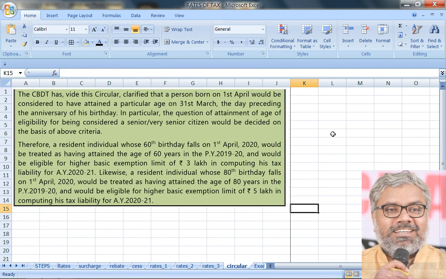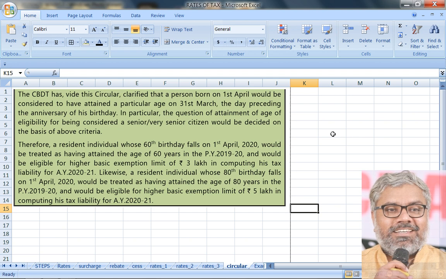So there are some people. There is a person who is a resident individual whose 60th birthday falls on 1st April 2020. Then what will we do? Under normal circumstances, without this circular, in which previous year can we say he has attained 60 years? We can say only in the previous year 2021. Normal circumstances. But according to this circular, it is exceptional. This circular gives a one day cushion.